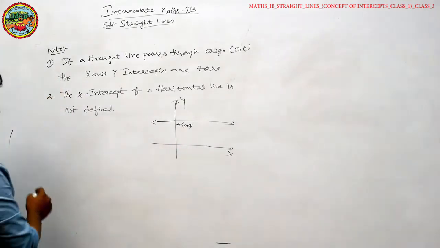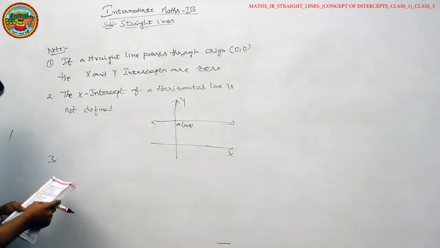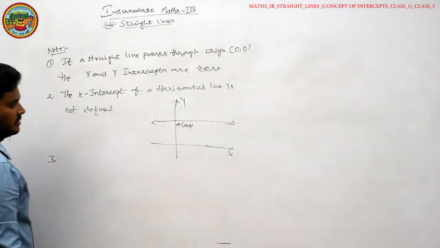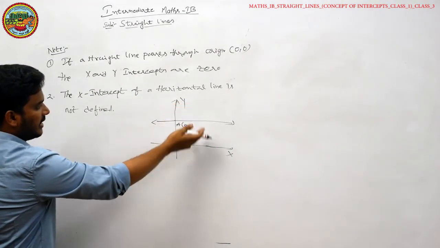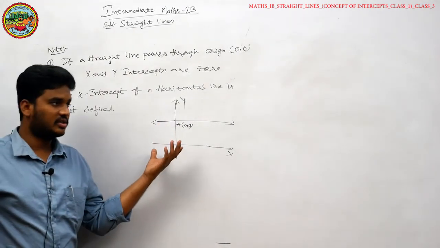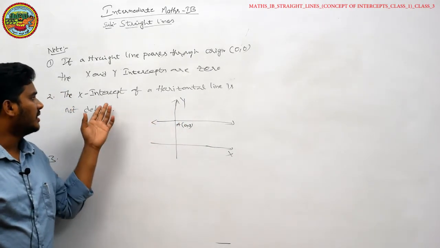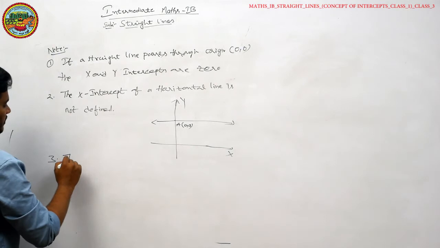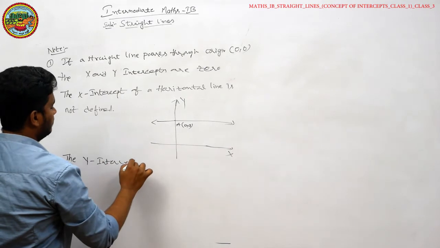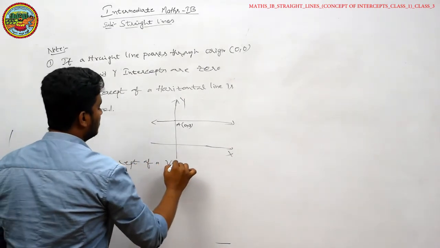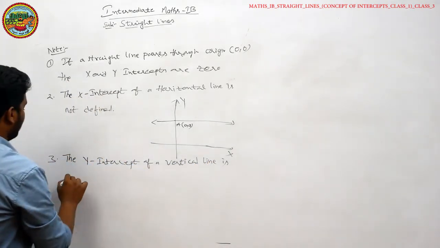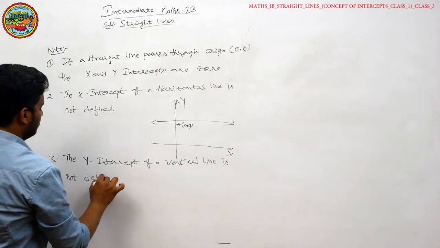Next, the third note: the y-intercept of a vertical line is not defined. Similarly, a vertical line is parallel to the y-axis. Parallel lines do not intersect each other, therefore it does not have a y-intercept.